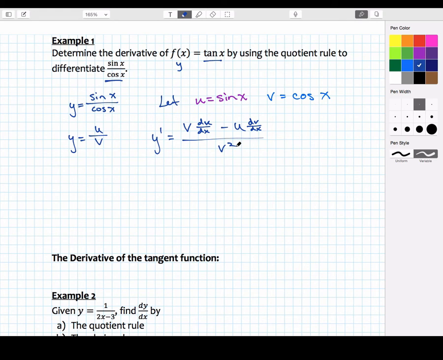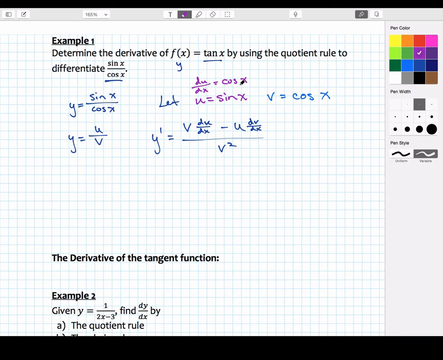Okay, so we should be able to do this. I guess we should first write, maybe I'll just write it above. If u is sine x, what is du dx? Cosine x.